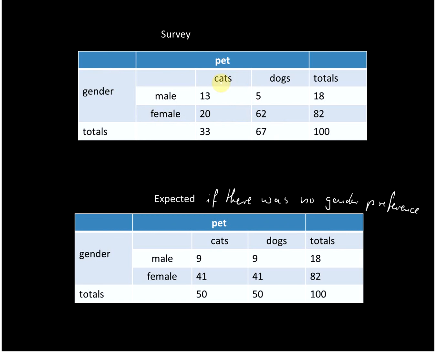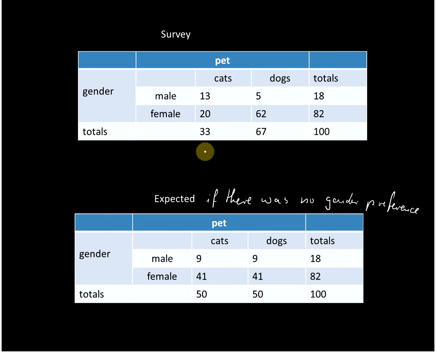This is the survey. So we found that in the survey, 20 women like cats, and obviously 62 women like dogs, because that gives us 82. And we found that 5 men like dogs, and because we know that we surveyed 18 men, we know that 13 men like cats.